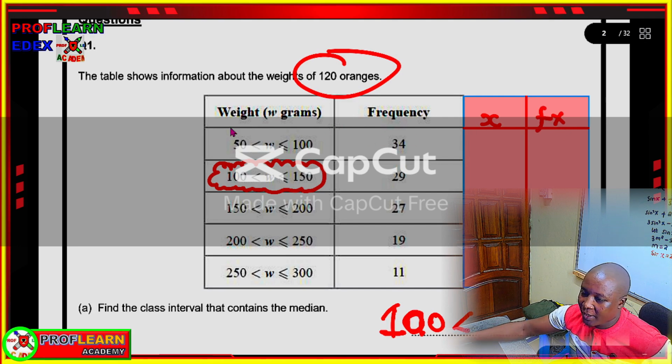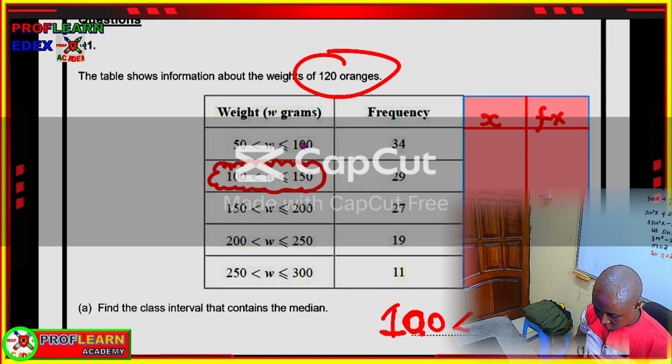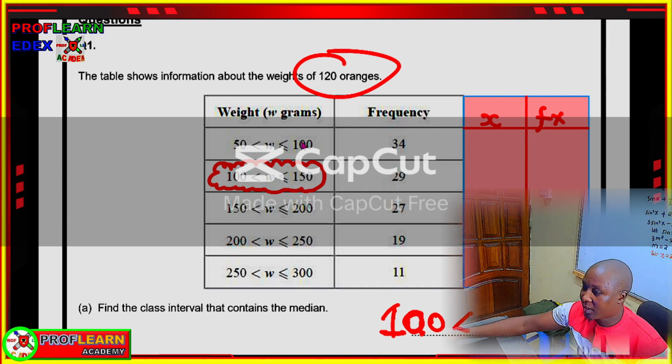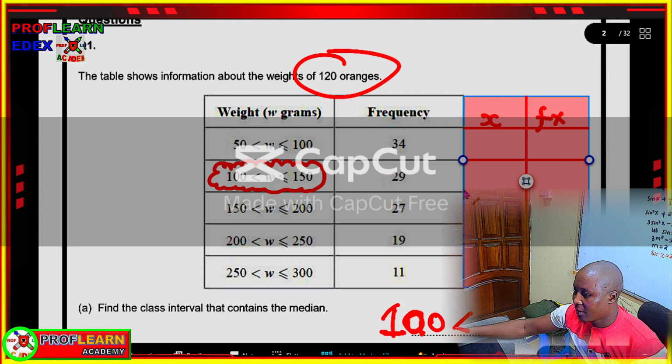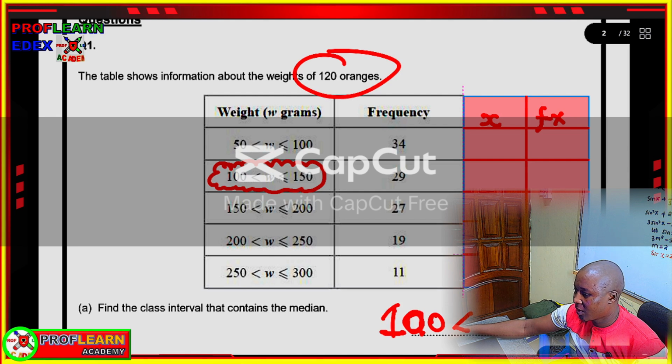For us to find x, we're going to add 50 plus 100 divided by 2. That's going to give us 75. So let me just first subdivide here. We shall have this, then we shall have this one as well.